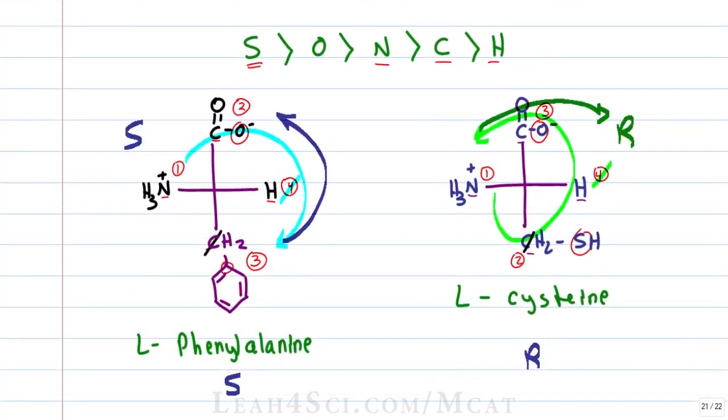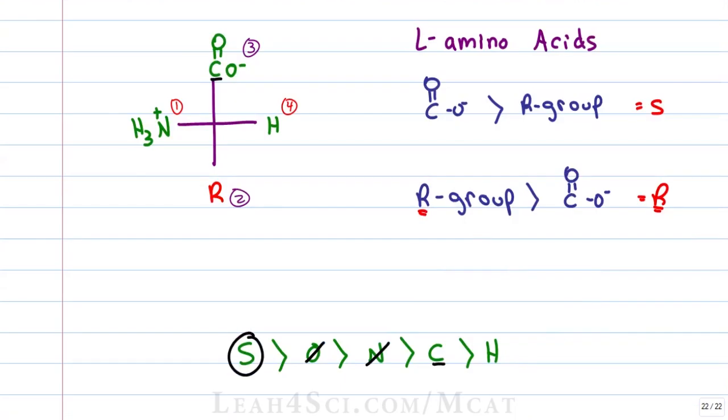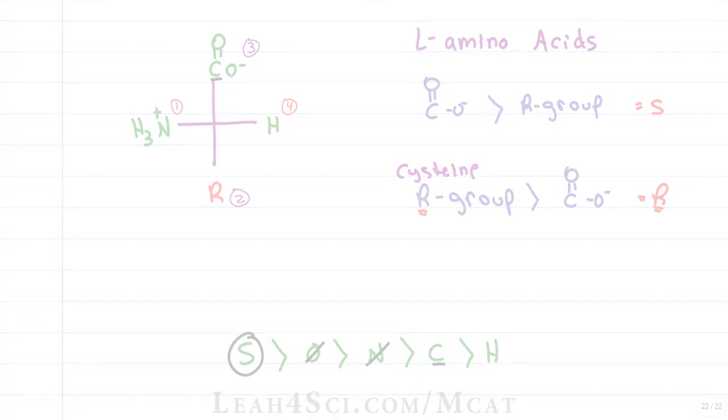But cysteine, as you saw in the last example, has a carbon directly bound to sulfur. This means it's the only R group that outranks the carboxylate. And so instead of seeing the rule as the R group outranking carboxylate is R, just think of it as the cysteine R group outranks the carboxylate and therefore is the only L amino acid with R stereochemistry.